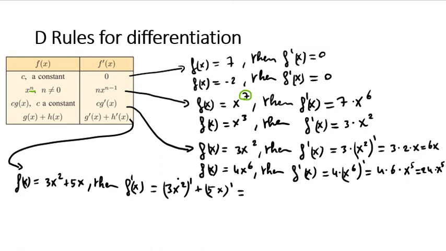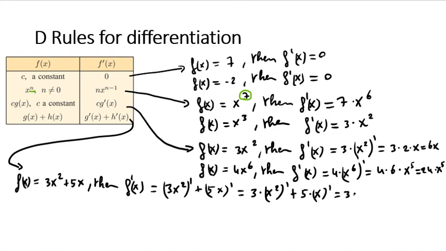So here this is in the form of c times g of x. So we have a constant 3, so we can move the constant 3 to the front. We only have to take the derivative of x to the power of 2. Plus, here we have a constant, so we keep the constant, and we take just the derivative of x.